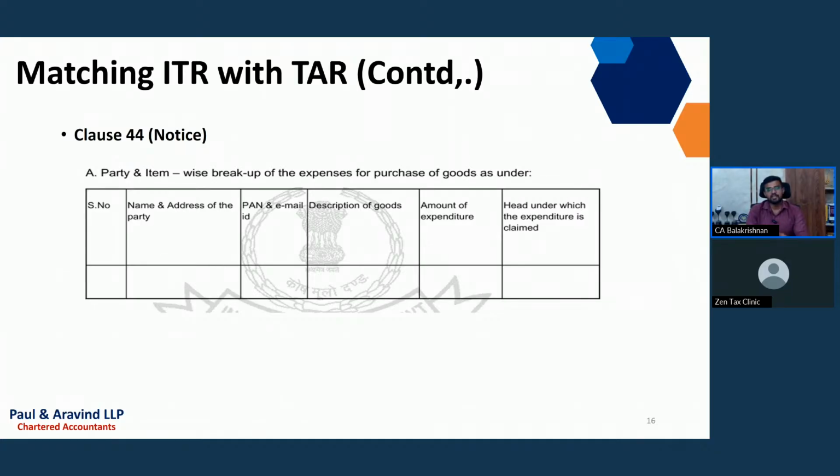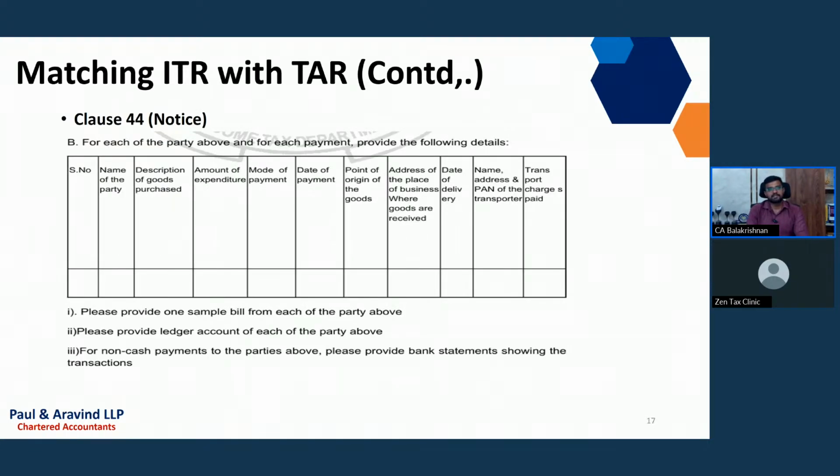We need to give proper bifurcation for clause 44, because once the notice is received, we must comply with the department. And this is part B of that notice: for each party above, for each payment, provide the following details.